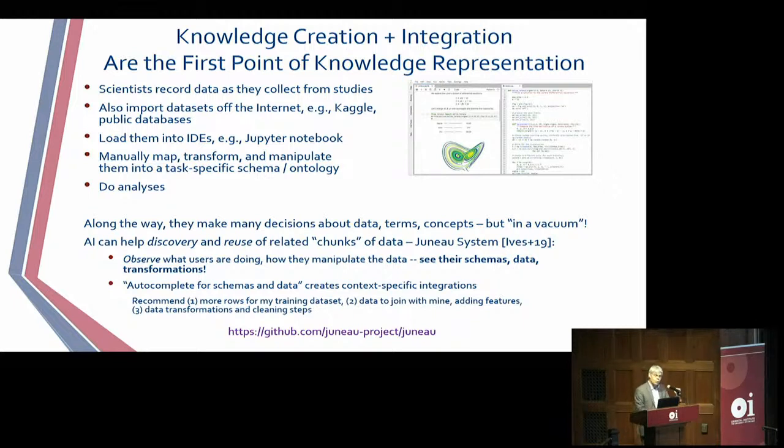So what does that mean? Well, perhaps if they, in a vacuum, think about how they design a schema to import the data, or even worse, in a vacuum, try to decide which characteristics they're going to capture from the original data, they might miss some things that would make their data much more valuable down the road. Wouldn't it be useful for them to see that other people with similar needs, similar tasks, similar domains actually have these 5 other fields?